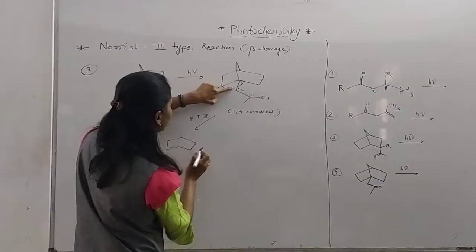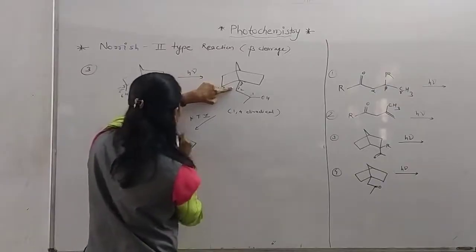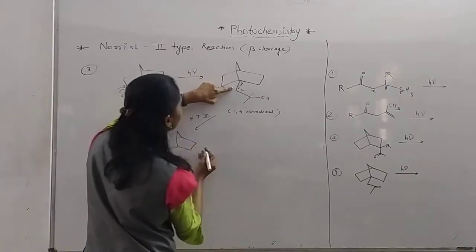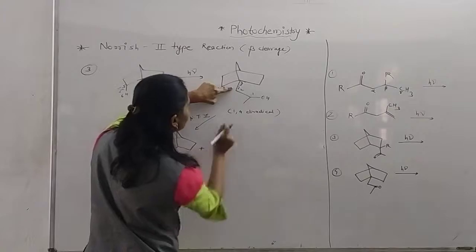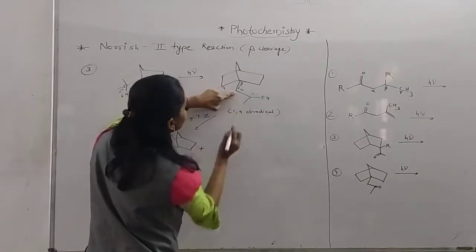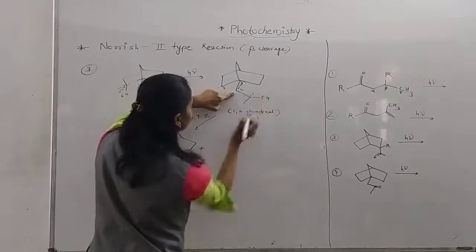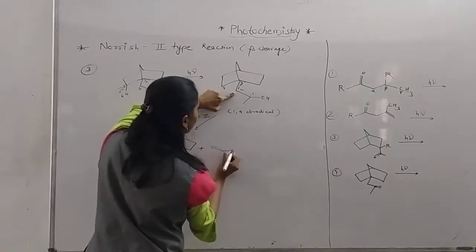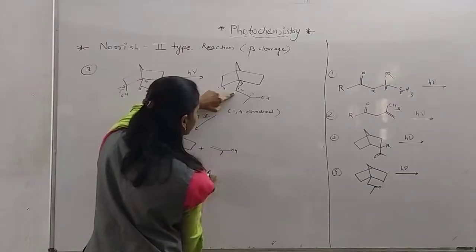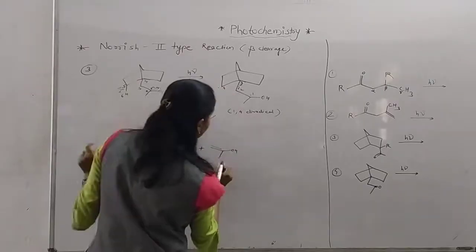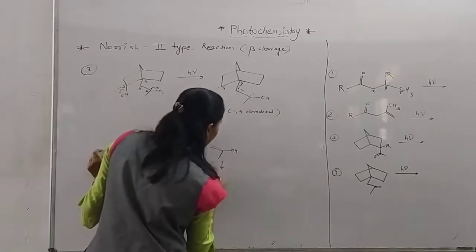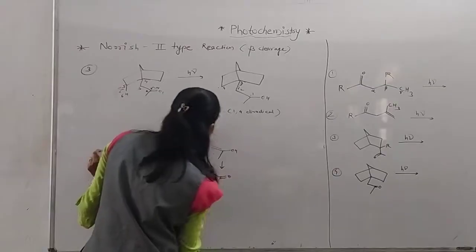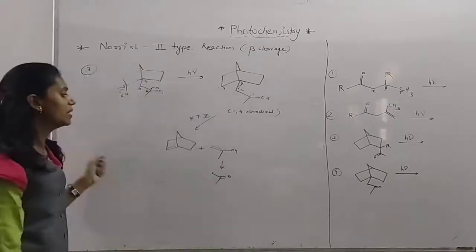Okay, and another product is, here radical formation. So radical, and here again there is a radical. I have directly the bond. This is OH system, this is CH3 group. That means it's an enol, and we convert this enol into the ketonic form. That means these 2 types of product will be obtained.